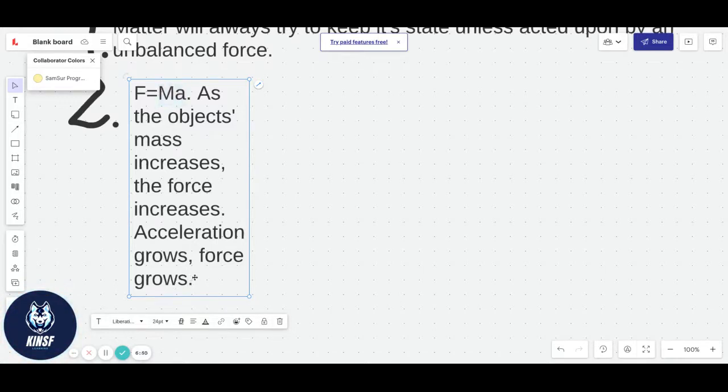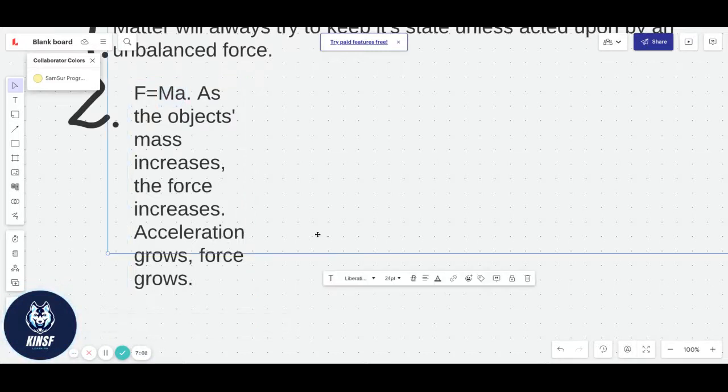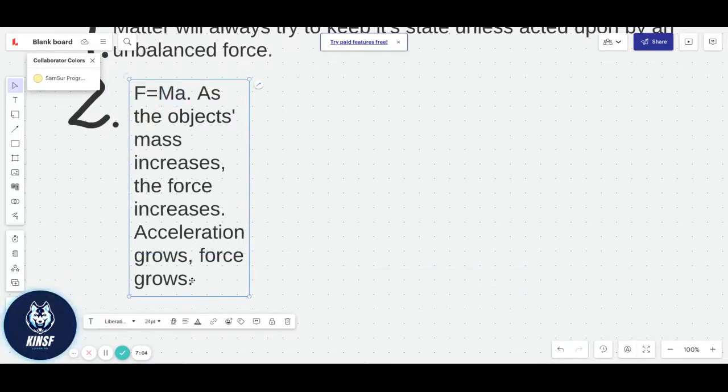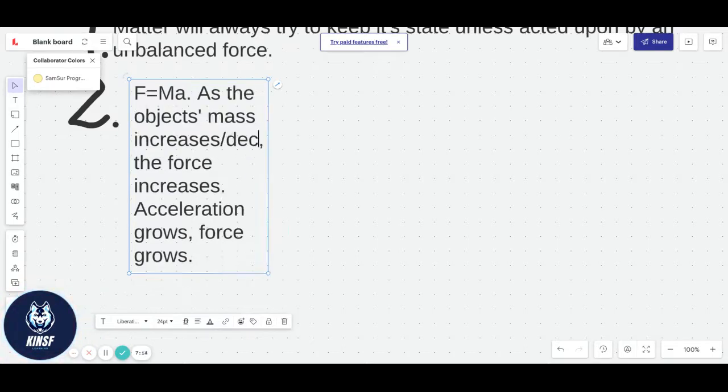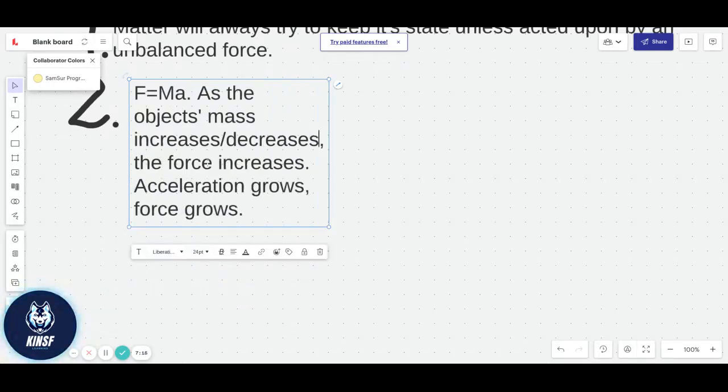If one of the variables here, like mass and acceleration, changes, the force changes. For example, if you change the mass, it'll be heavier. So if it's going downhill, the acceleration increases, which will change the force in newtons it's going at.